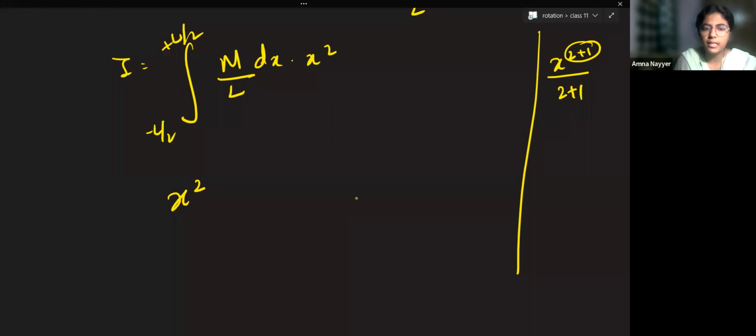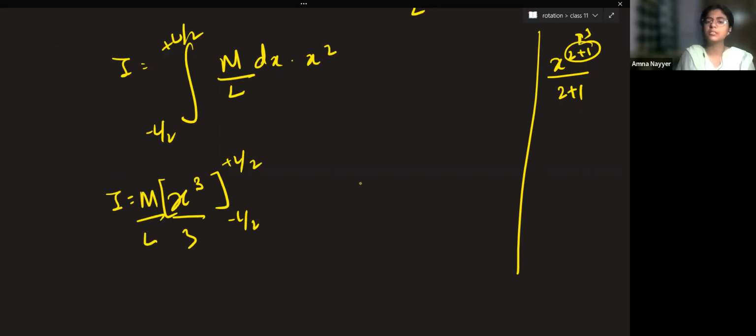I'll write it directly since I've told you. If anybody is still having difficulties in integration, do let me know. So this becomes x cube by 3, right? x to the power 2 plus 1 will become 3, divided by 3. Limits from minus L by 2 to plus L by 2. And we also have M by L with us, which are constant terms.